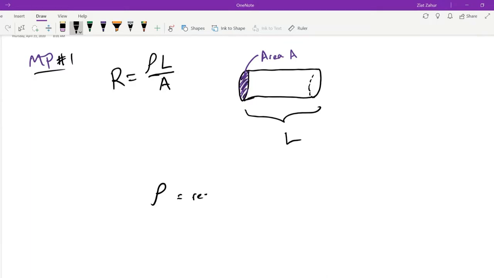Resistivity. Resistivity is a material property. Material property meaning that it is dependent on what physical material, what element your resistor is made up of.